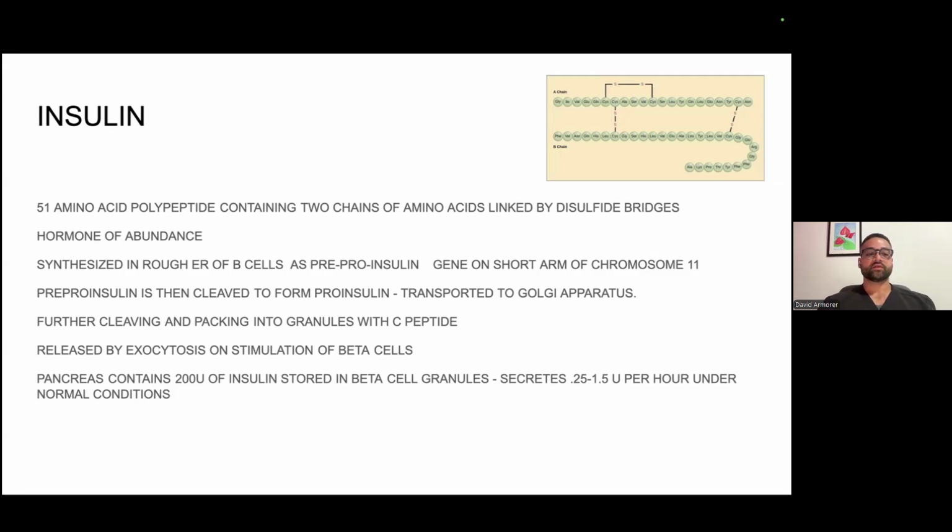These granules are released by exocytosis on stimulation of the beta cells. The pancreas contains, at rest, 200 units of insulin stored in the beta cell granules, and it secretes roughly 0.25 to 1.5 units per hour under normal conditions.